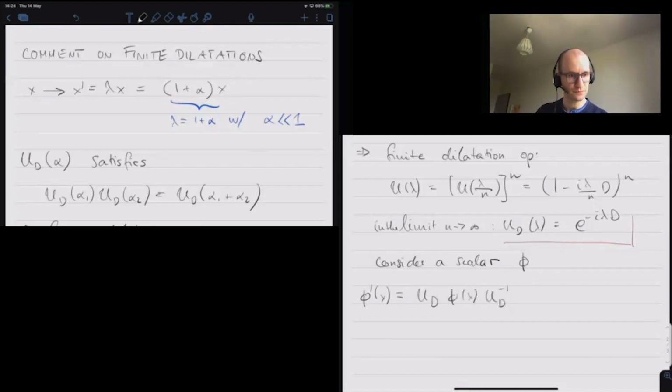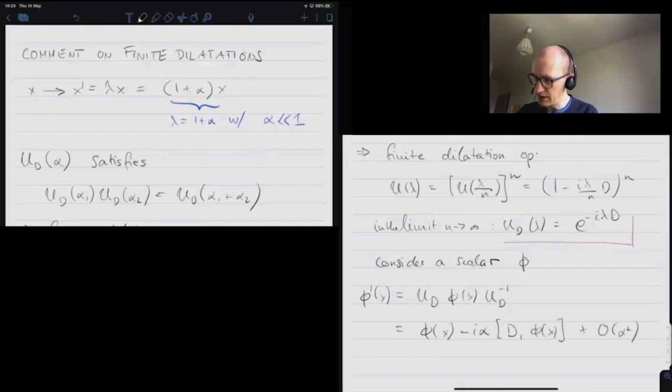Okay. And so to linear order, we can write this as phi of x minus i alpha, and then we get here, as always, the commutator with the generator, D with phi of x, and then we can be explicit if we want and write alpha squared here.